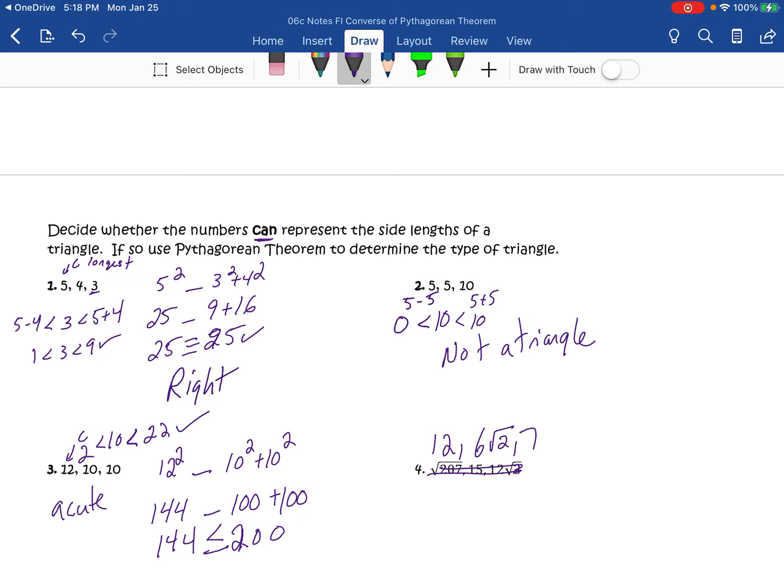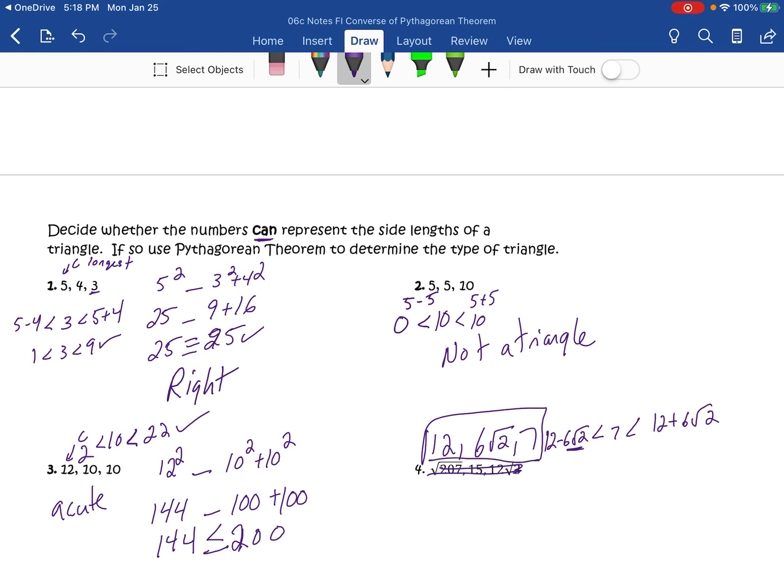That checked out. Okay. And then for this one right here, you would say is 7 less than 12 plus 6 radical 2, which that's for sure, because that's more than 6. And is it greater than 12 minus 6 radical 2? Well, for that to be false, you would have to subtract more than 7.